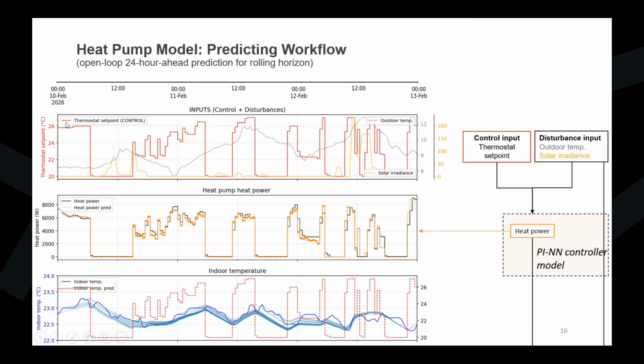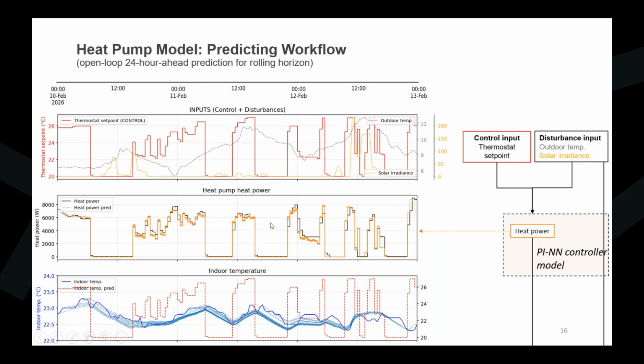Anyway, the thermostat set point together with other disturbances are mapped first with this neural network controller to the heat power, which is here represented with the orange line. The black line is the measured heat power response that the heat pump actually achieved.